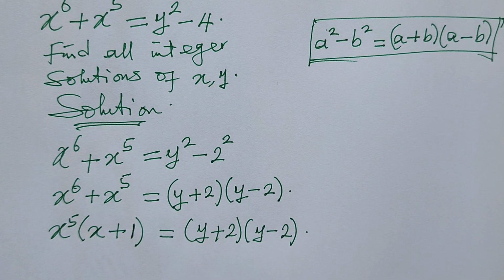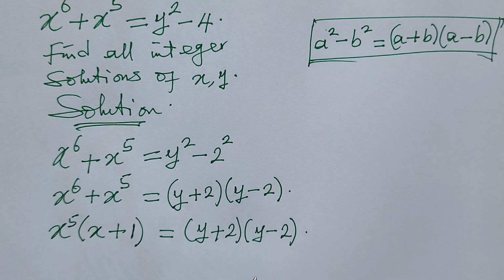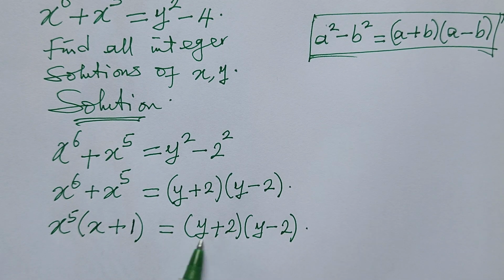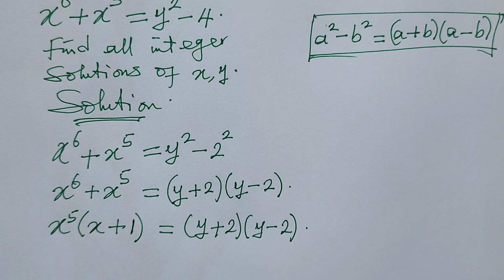So what are the conditions we have to look at now? From this expression, we discover that if y is odd, then y plus 2 and y minus 2 are both odd. And if y is even, then y plus 2 and y minus 2 will both be even too.